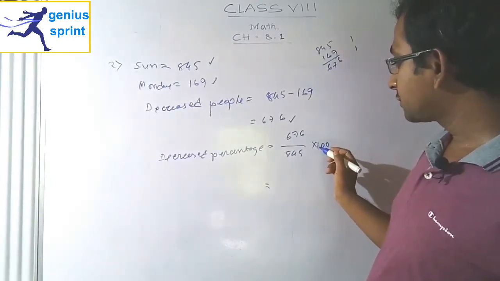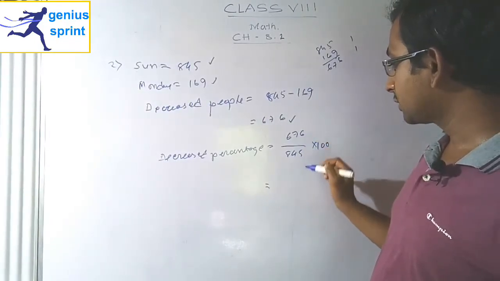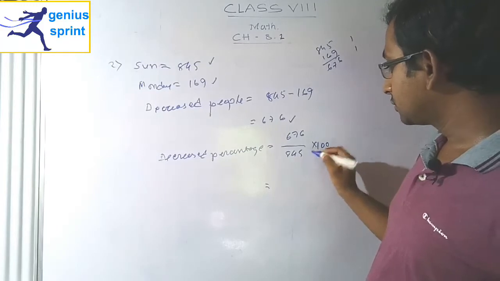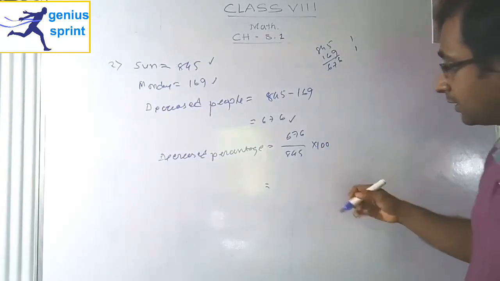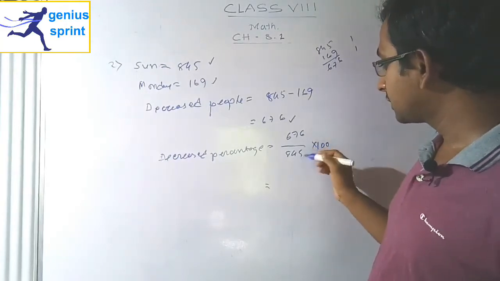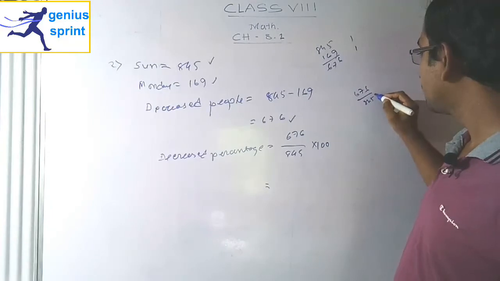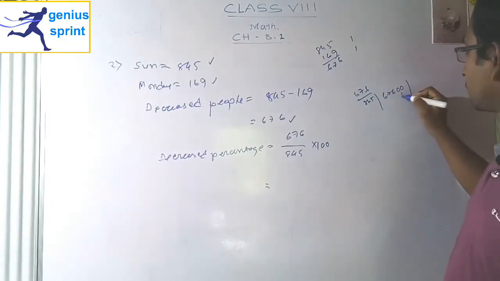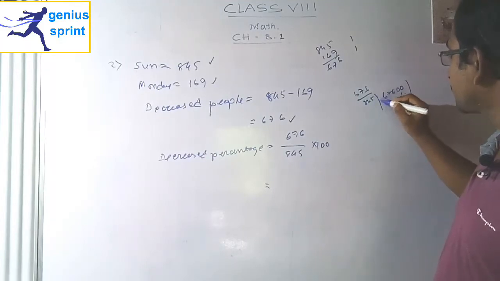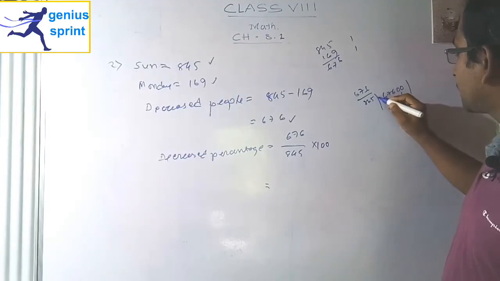If I cut these numbers with 3, I will get... no, it is not possible to cut this number with 3. So then try to cut this number with 4, 5, 6, 7. 676 upon 845, times 100 is 67600. It is quite tough, because if I multiply by 10, it should be 8450.